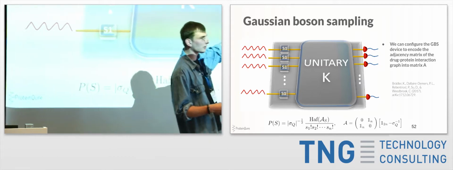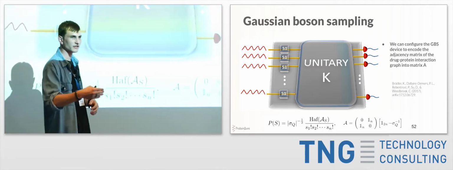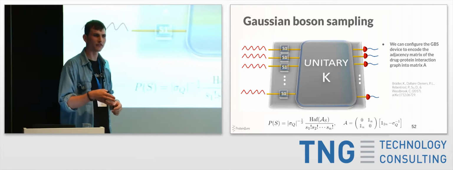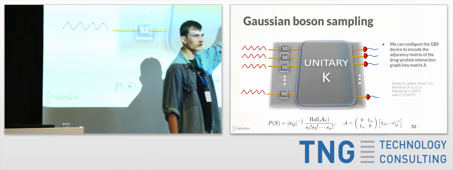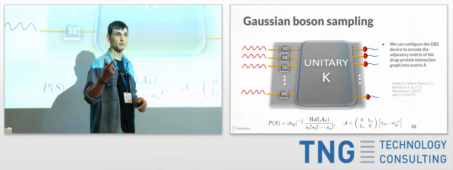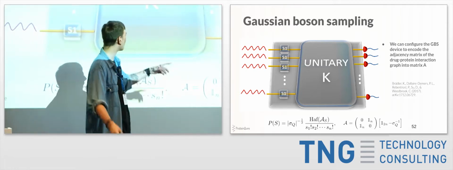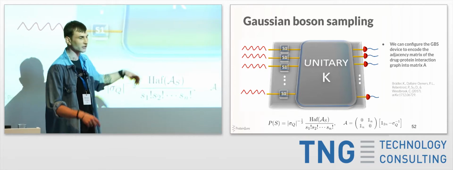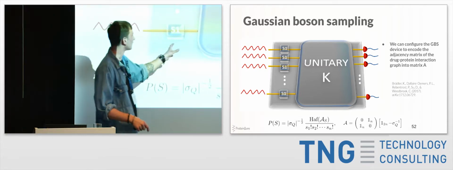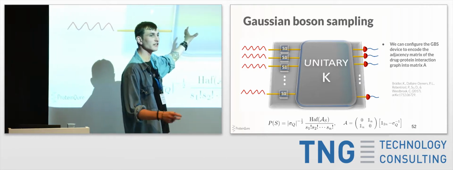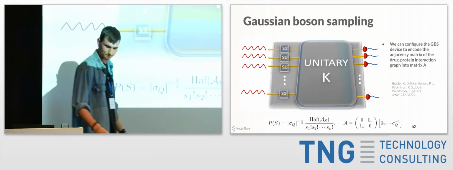And then your photons come out on the other end, and you have single photon detectors lined up which measure if a photon comes through or not. And based on that output distribution of photons, you can extract subgraphs from your large hypergraph, which is encoded in this matrix. They published on that at some point last year, where they found out how you can tweak the parameters to encode any sort of graph in this device.